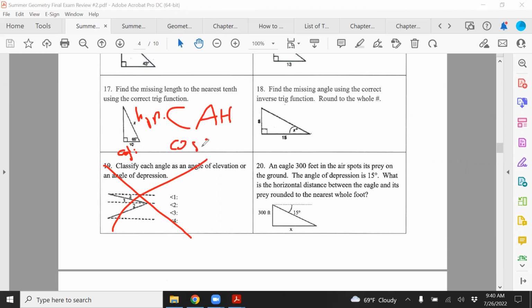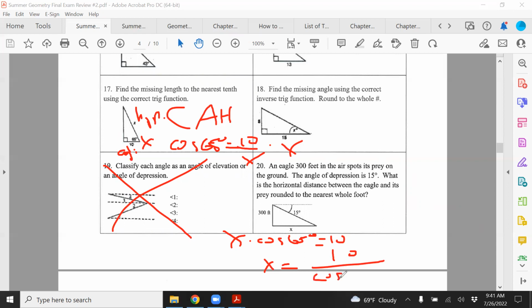So cosine of 65 degrees is 10/x. Now, when the variable is in a denominator, you still multiply both sides by x. Still multiply both sides by the denominator. Don't change that. But it's one extra step in the algebra, because you're going to have to then divide by cosine 65 to get x all by itself. And you'll be okay at that point.